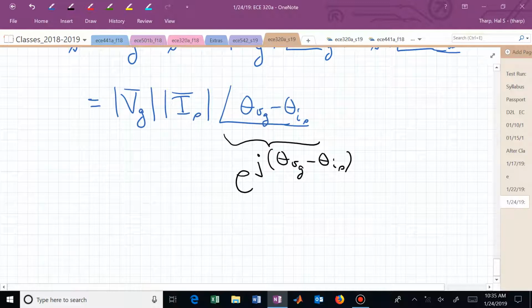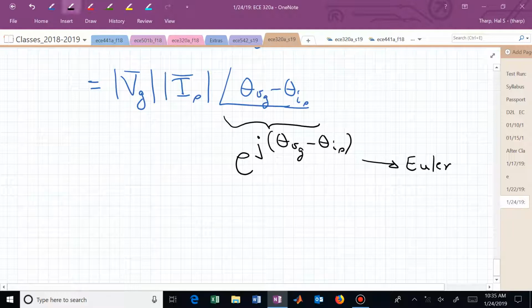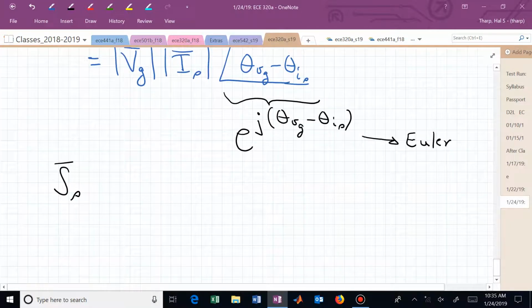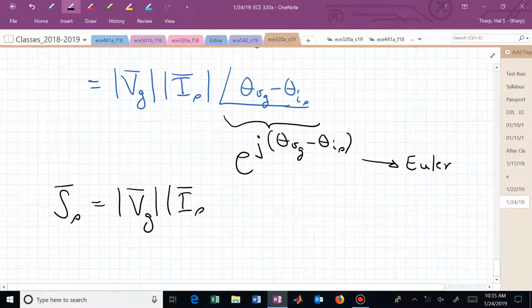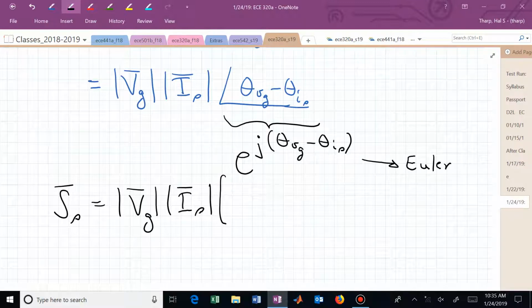And we can now use Euler to break that into its rectangular components so that we have a real part associated with our source complex power. The complex power is the magnitude of V sub G times the magnitude of I sub S, and now let's use Euler to rewrite e to the jx as cosine x plus j sine x.